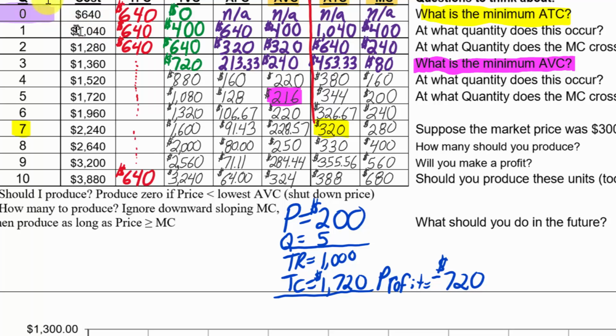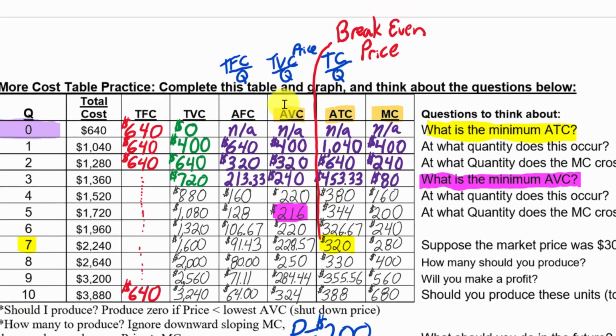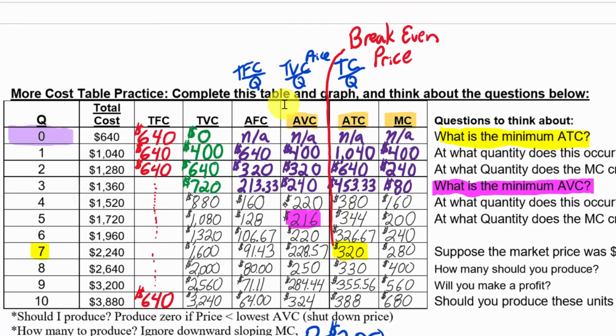This $216 figure here, the minimum average variable cost, is what we call the shutdown price. So let's label that up here. And the shutdown price is a very simple guideline that says, look, if the price ever gets below $216, your best option, without doing any calculations or any thinking, at a price below $216, shut down and produce 0 units.